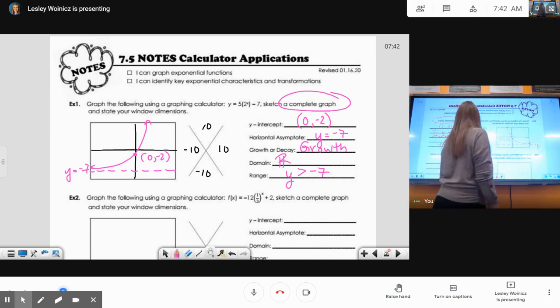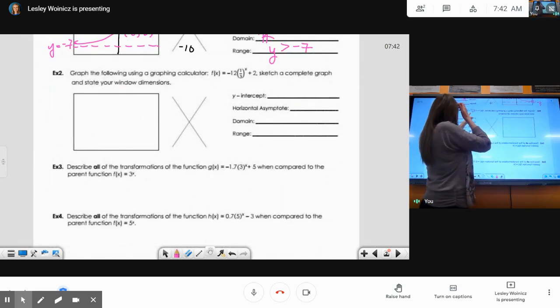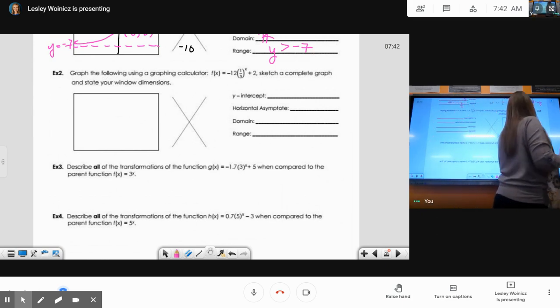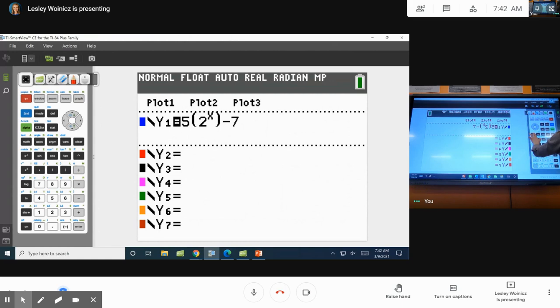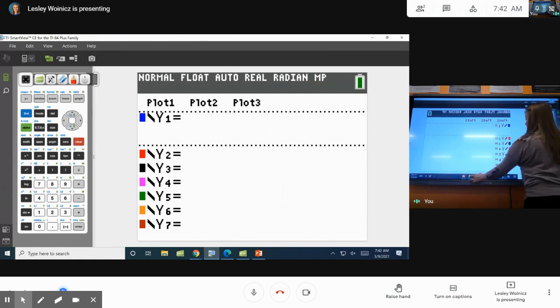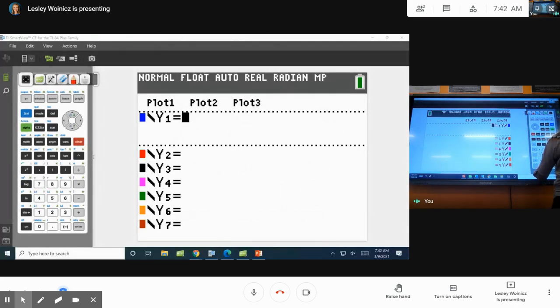All right, here's another example. Now I'm going to put this in the calculator, and we're going to do the same thing. So I go back to Y equals, clear it out. Negative 12, 1/2 to the x, plus 2. I'm putting in negative 12.